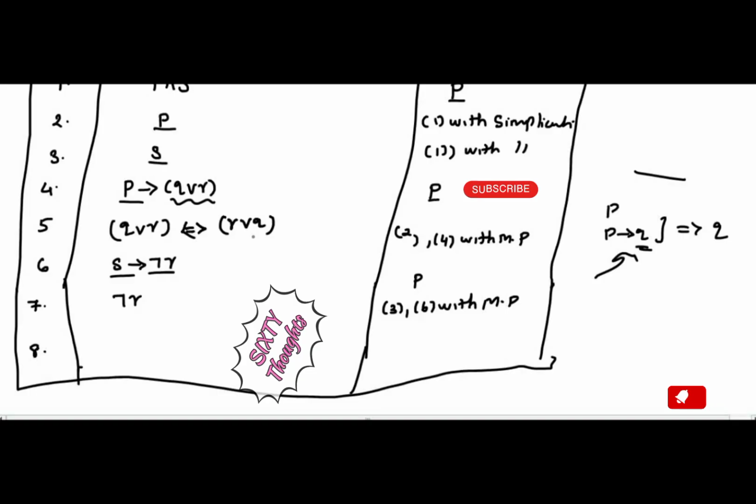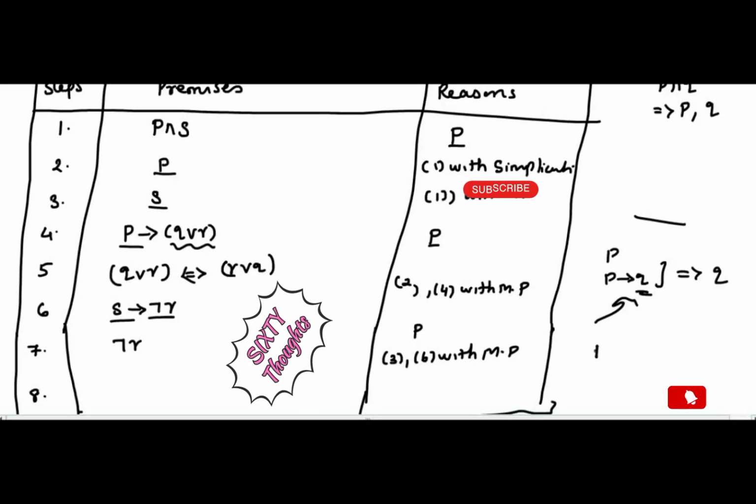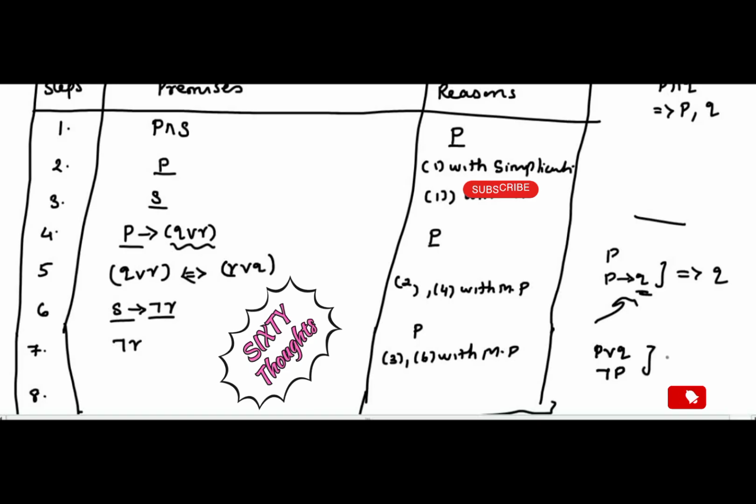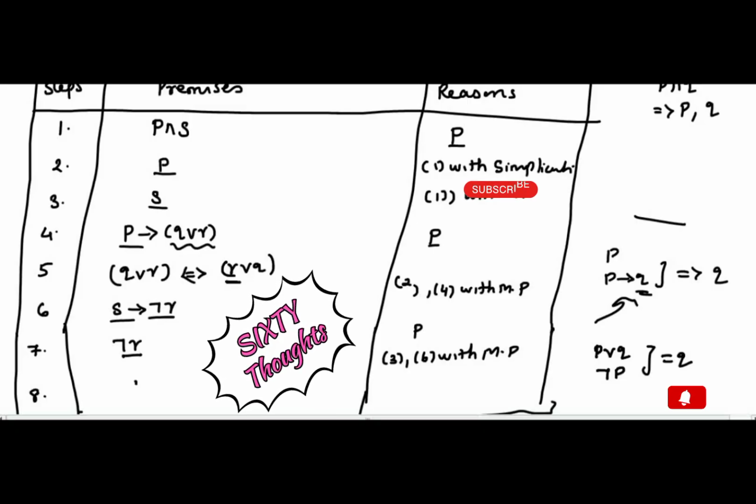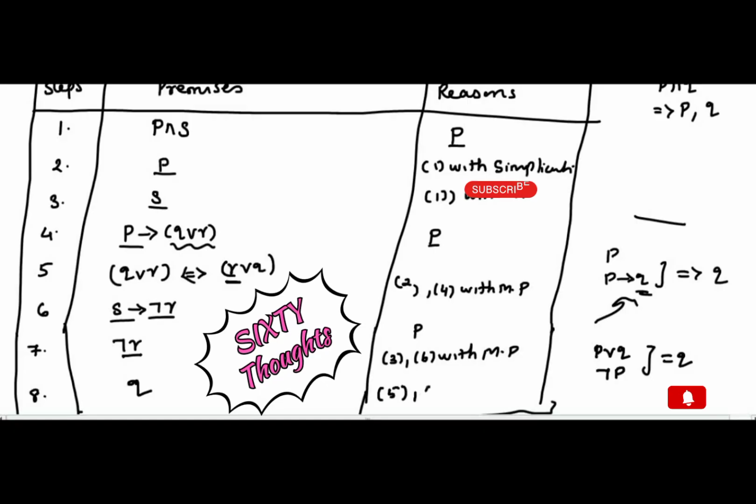So what is disjunctive syllogism? P or Q, negation P, we get only Q. So here what is the P value? The P value is R. Here negation R is there, so we get only Q. So if we get Q, what is the reason? Reason: step number five, step number seven with disjunctive syllogism. That means P or Q, negation P, we get Q only.